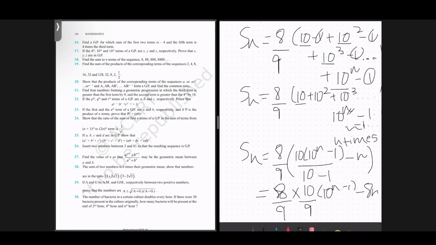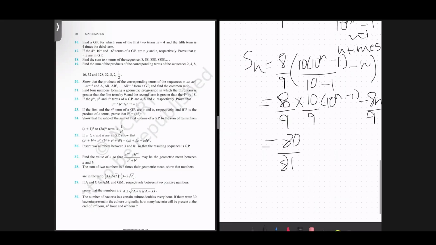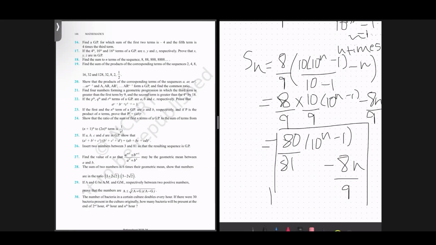Multiplying into the first term again, what I'm left with is 80 upon 81, 10 raised to the power n minus 1, minus 8n upon 9. Correct. And that is going to be your solution for expressing the sum of n terms of this particular sequence.